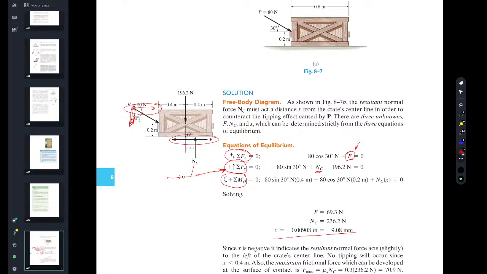So he waits till he gets done, and then he sums the moments. This is a standard. There are two places you can sum the moment that are kind of handy. One is this one, because you eliminate things, but if you're trying to find the NC or bring that into the equation, then it's best to sum it right there.